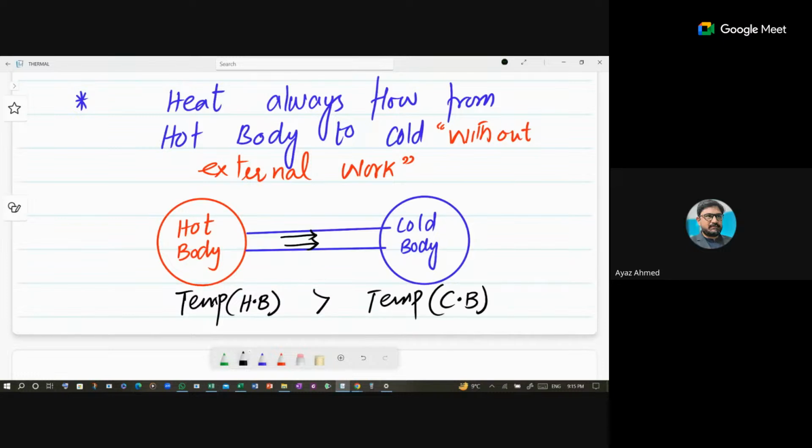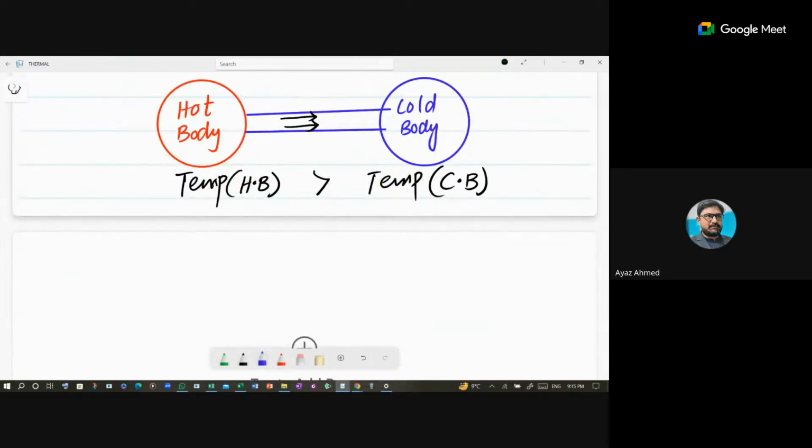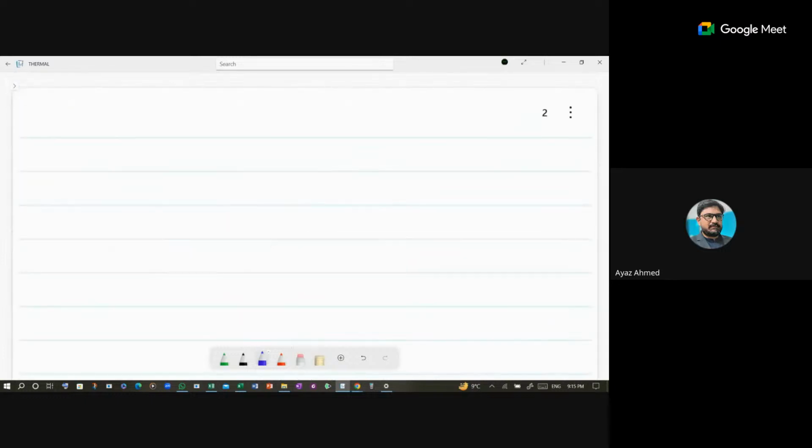But tell me one thing: when this cold body is absorbing heat from hot body, what will happen to these two bodies? When hot body is giving heat to the cold body, how will the temperature of both the bodies change?